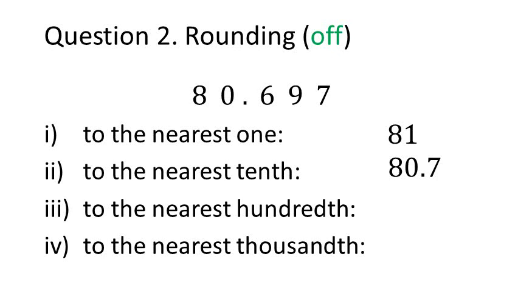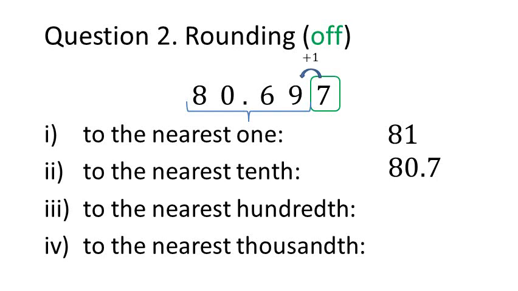The third question is to round to the nearest hundredth, which means round to 2 decimal places. So the answer will be up to 2 decimal places, and we check the next digit, which is 7. Since 7 is greater than 5, we need to round up again. So we add 1 to the digit 9, which becomes 10.